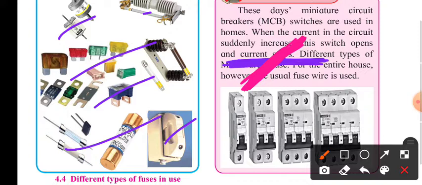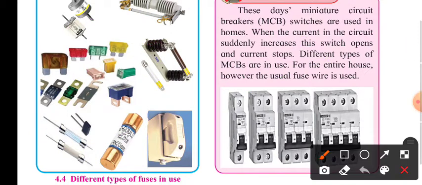Due to that, the circuit breaks. You can see here the circuit break. Once the circuit breaks, drawing of current will stop and the electrical short circuit can be avoided. So the use of these fuses is to avoid the electrical short circuit.